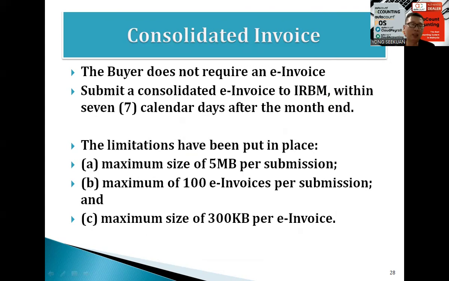It's very easy. Just issue the invoice on the spot. But for the consolidated invoice, like I just mentioned, you go to the restaurant and you don't request any buyer information, I mean you don't key in any information. That's what we call the consolidated invoice. Something like your GST. When you go to a restaurant, if you want to claim GST, you go to the counter and request a full tax invoice, but you need to provide your company information, right?